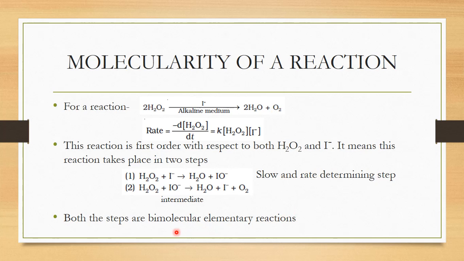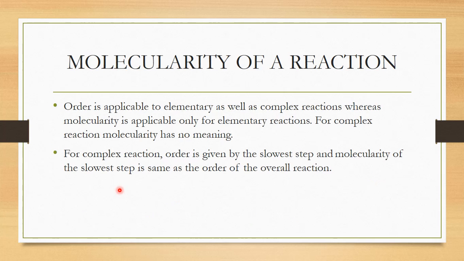If we consider the molecularity, yes, the molecularity of step 1 as well as step 2 is 2. So both of them are bimolecular elementary reactions. So this reaction is a complex reaction, whereas both the steps are elementary reactions. So order is applicable to elementary as well as complex reactions, whereas molecularity is applicable only for elementary reactions.